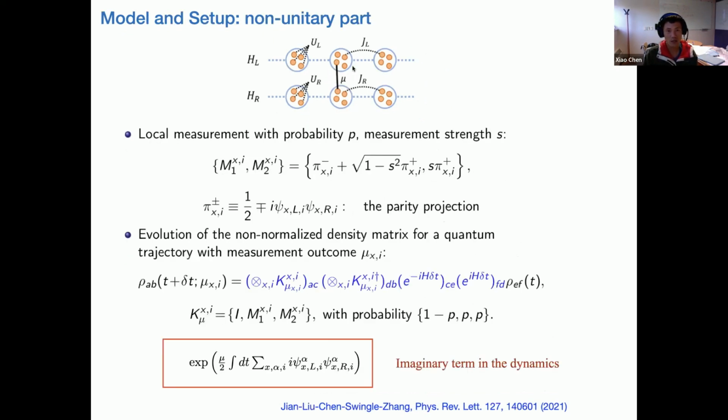The measurement is defined here as a parity projection within these two chains. In the time evolution, this will effectively lead to an imaginary term in the dynamics. Here, mu could be treated as a measurement rate.